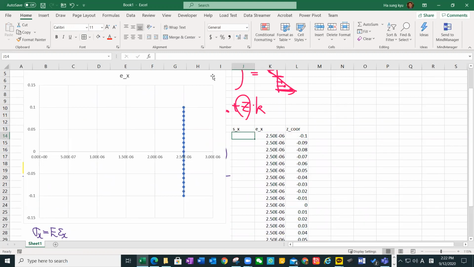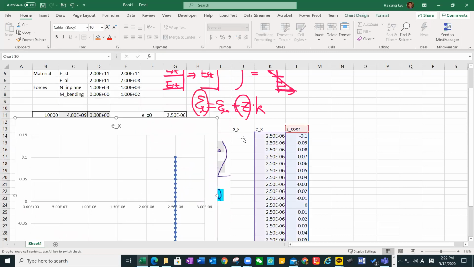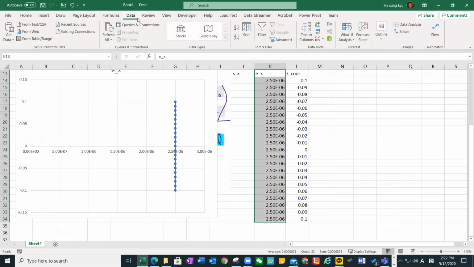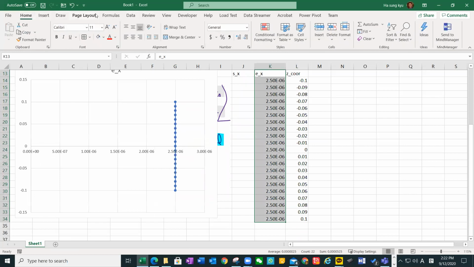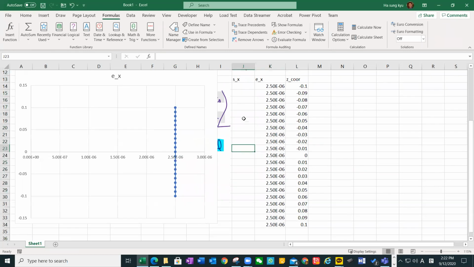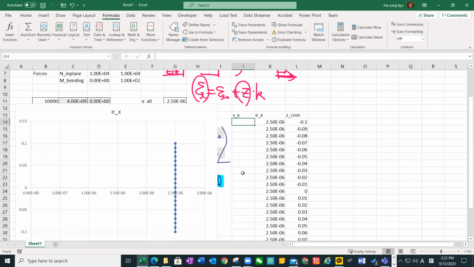What do we need to do? Well, we need to multiply. This is the epsilon x, and sigma x is simply the strain x times Young's modulus.